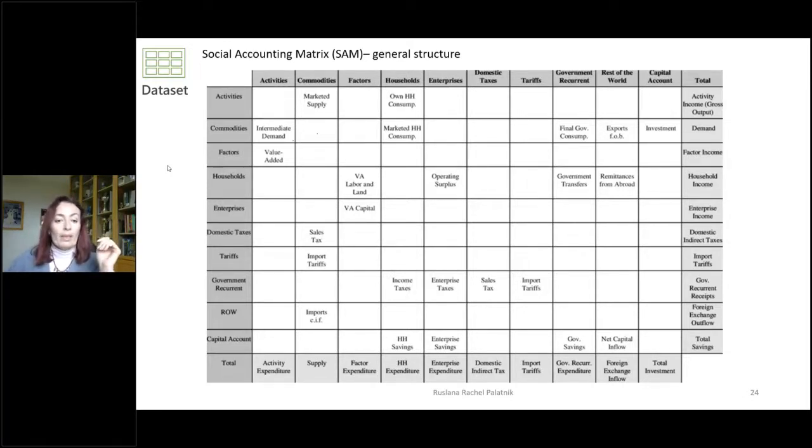Here we have the goods and services sold to other sectors, which comprise the overall intermediate demand. Then we have also what was sold to households, to government, or exported or sold as investment.